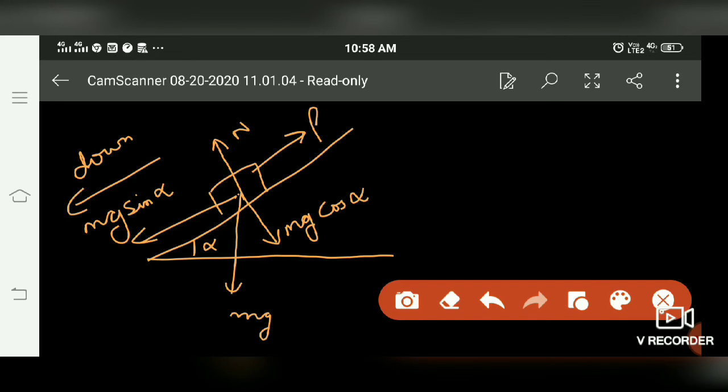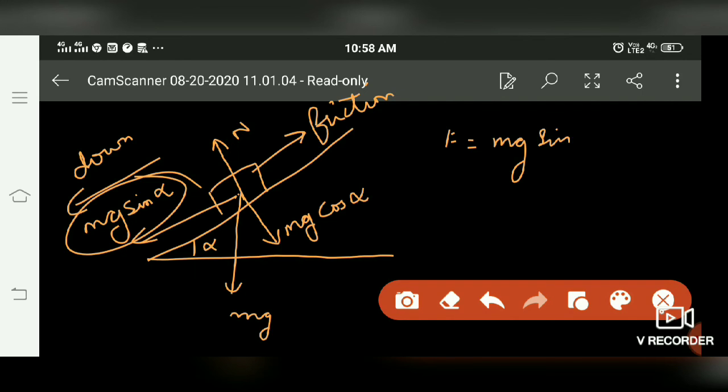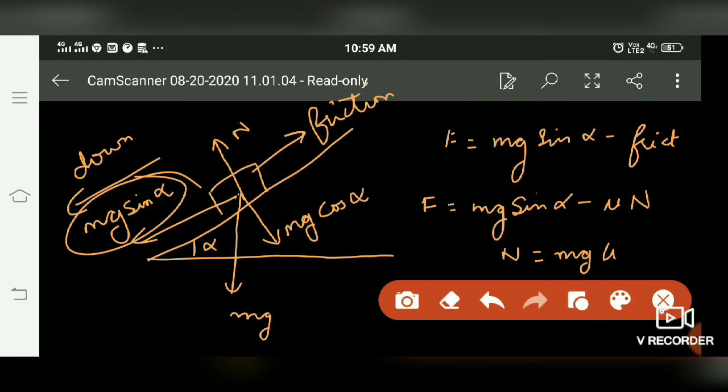In this case, body has to move downward, so the friction is acting in upward direction. So in this case, force is going to be mg sin alpha minus friction, where friction is nothing but mu N, and N is the normal reaction having value equal to mg cos alpha.